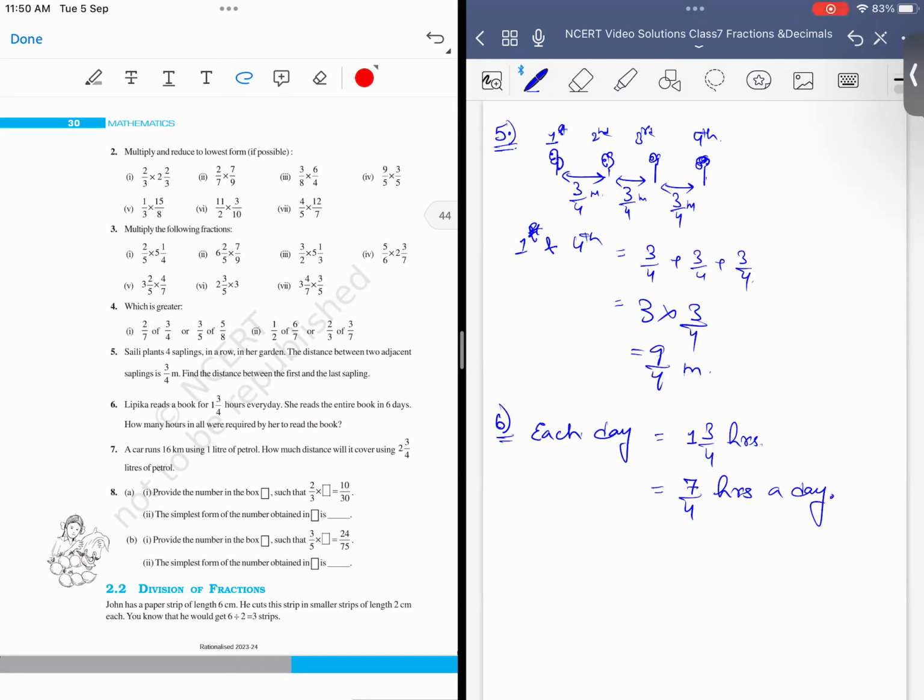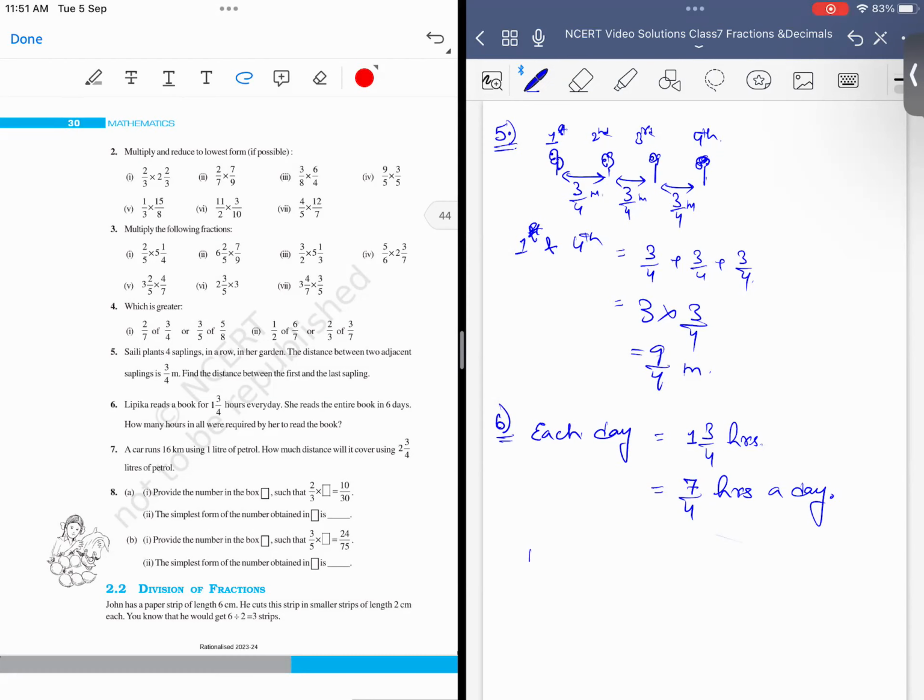She reads the entire book in 6 days. So if she is giving 7 by 4 hours a day, how many hours in total? Now it is saying she reads the entire book in 6 days.